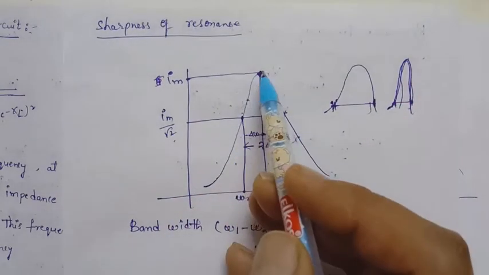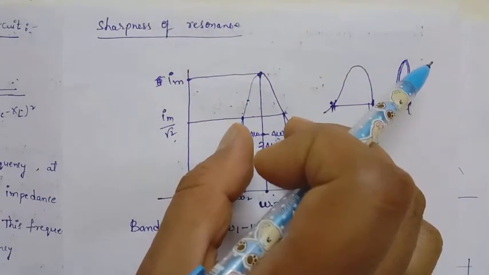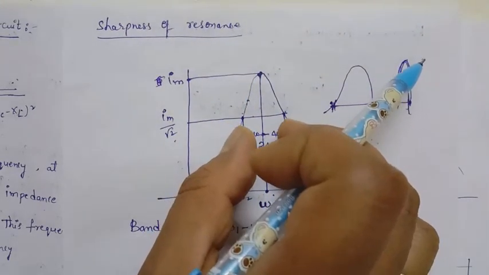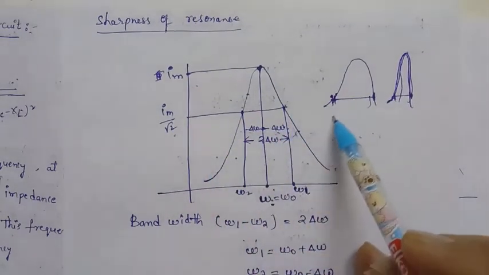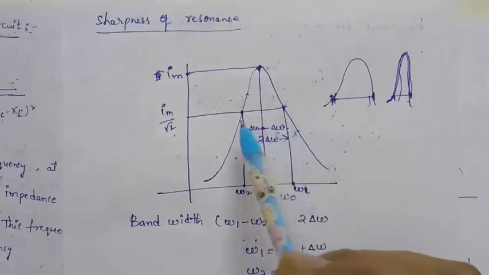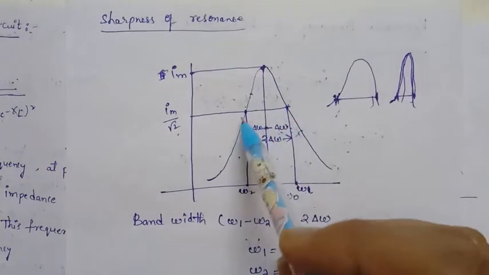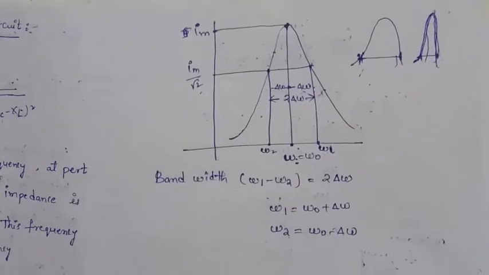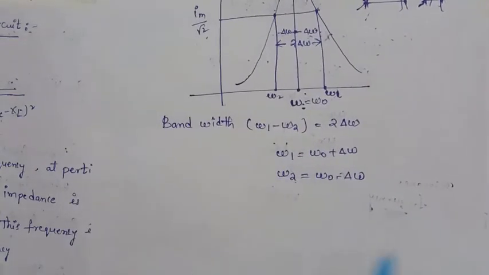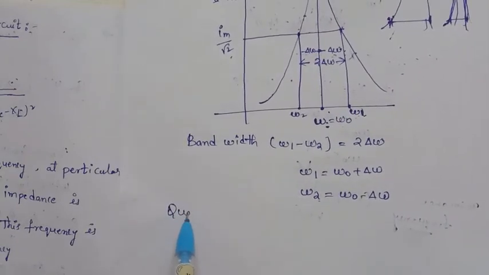If the maximum current is cut at its IRMS value by a less bandwidth, then the quality of this wave, this pattern, will be greater. At that time it is the sharpness. This sharpness is defined by a quantity called the quality factor.